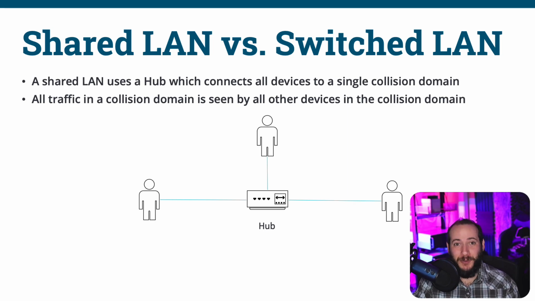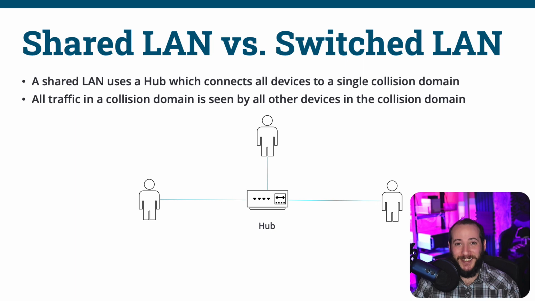In addition to the obvious performance impact of operating in half-duplex mode, a single collision domain will allow all connected devices to effectively see all data that is transmitted or received within the collision domain. Remember, a hub essentially connects all devices to a single continuous wire.